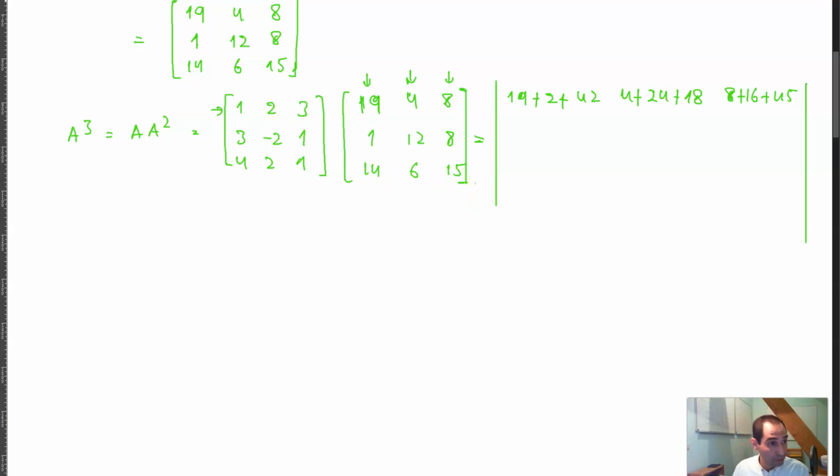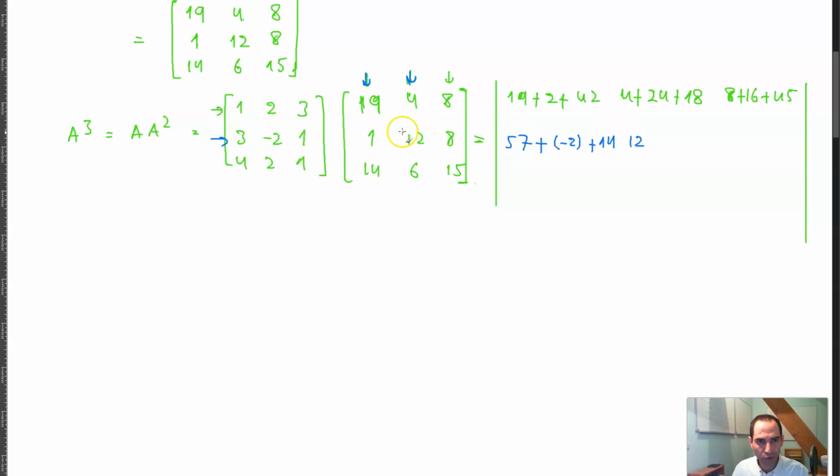Okay, so now for the next row of the new matrix, I need to take this row and this column. 3 times 19 is equal to 57. And negative 2 times 1 is equal to negative 2. And 1 times 14 is equal to 14. In this column, 3 times 4 is equal to 12.